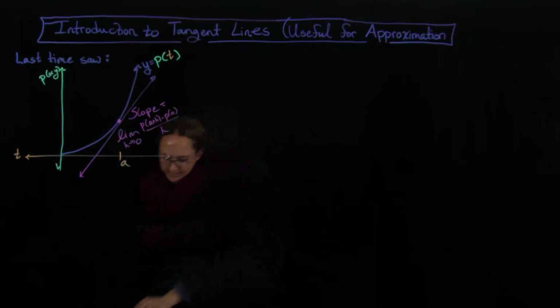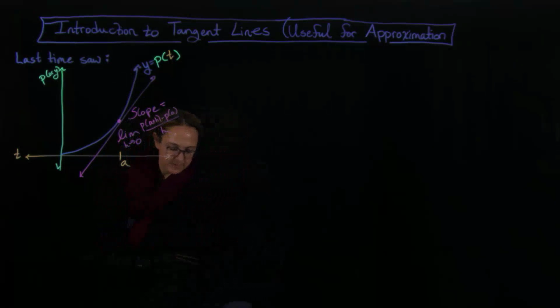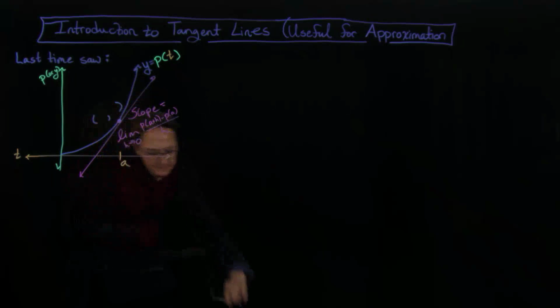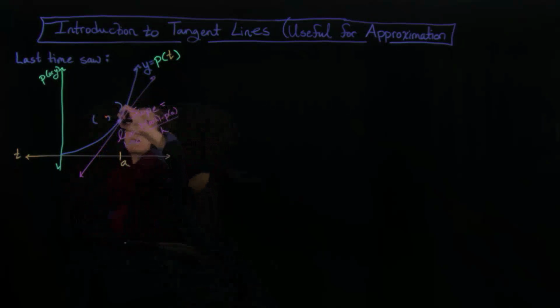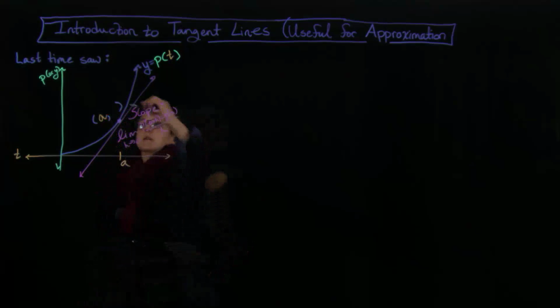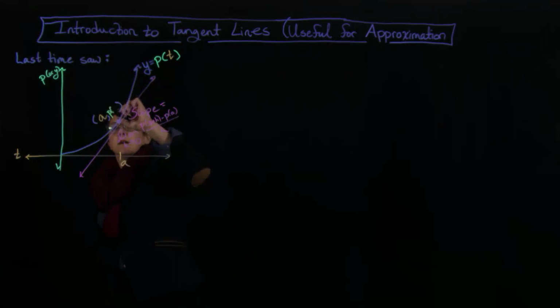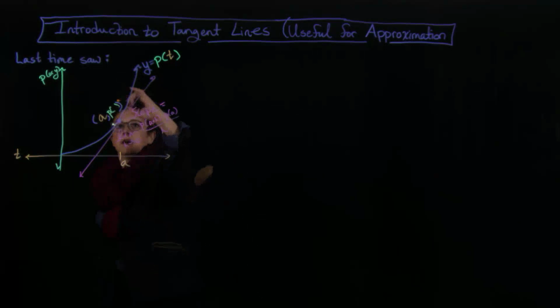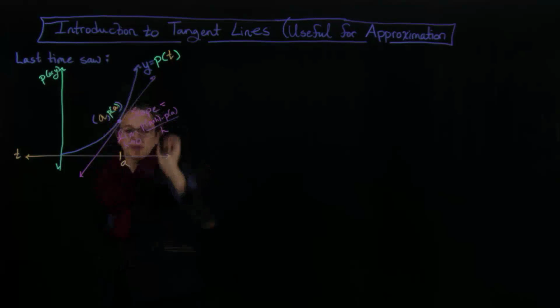I usually like to put in this point because people often forget what is actually a point in a graph of a function. This is a, and this is p of a. That's where they touch, where that line gives you the slope.